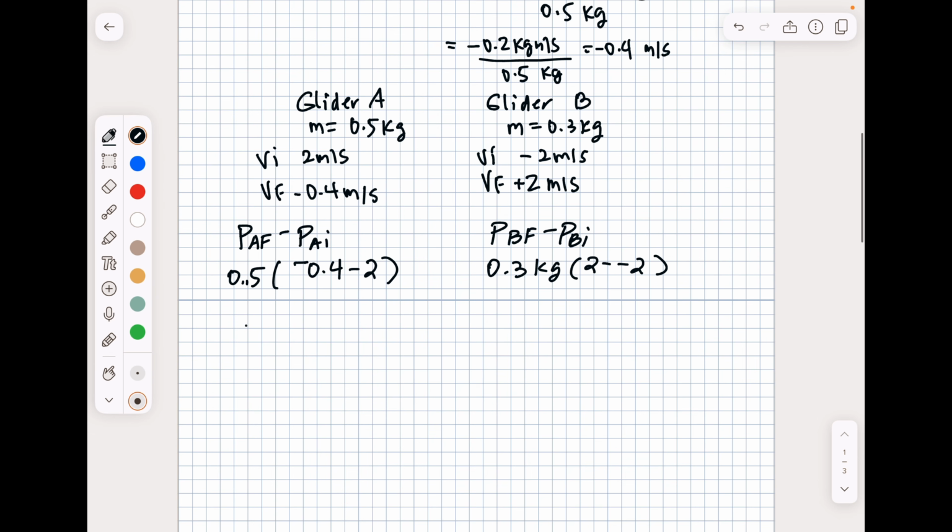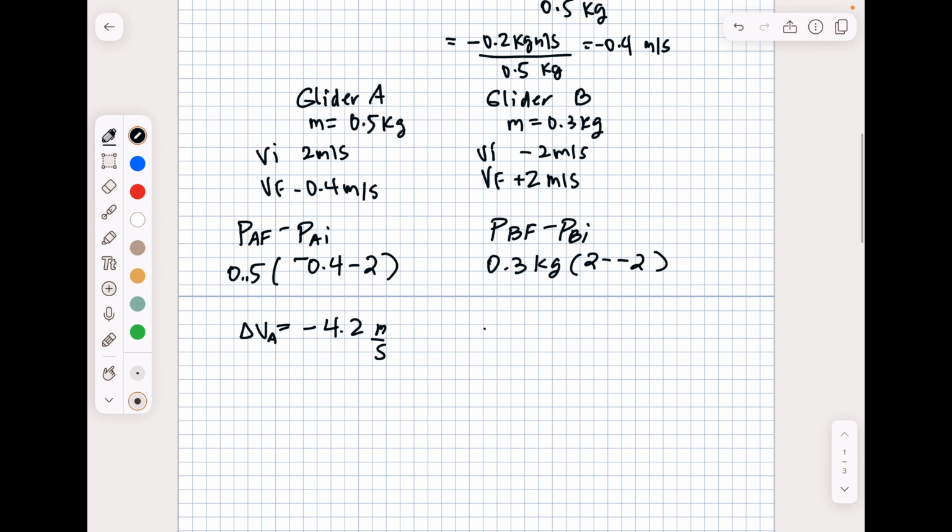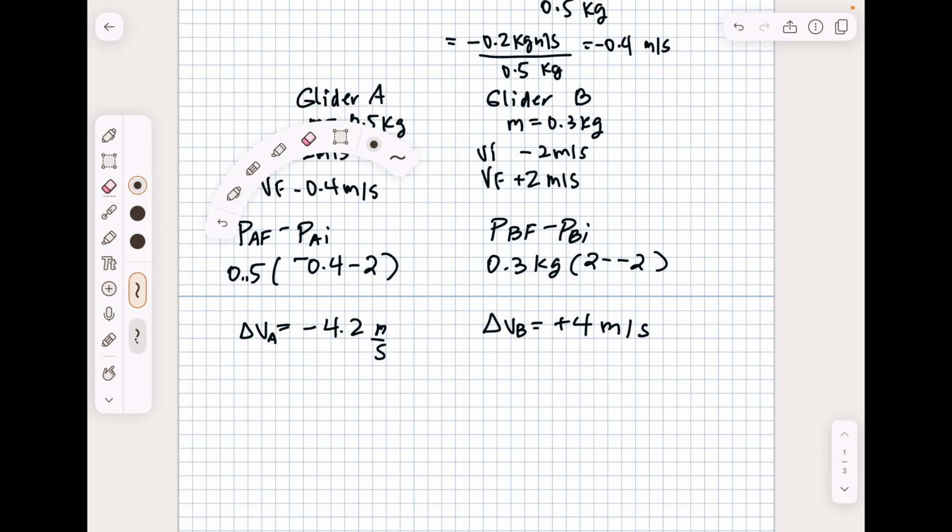Okay, so we get a velocity difference of negative 4.2 meters per second. I'm kind of ignoring my kilograms right now, okay, just to illustrate. So glider A has a larger velocity difference. Oops, 4.2.